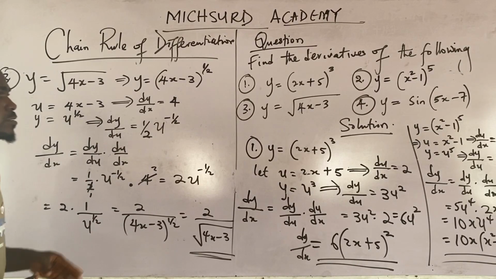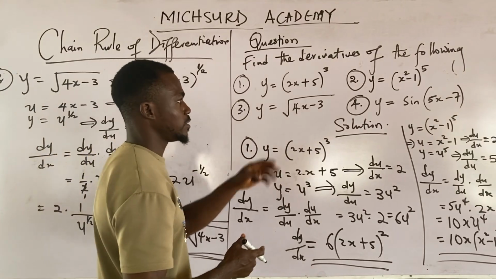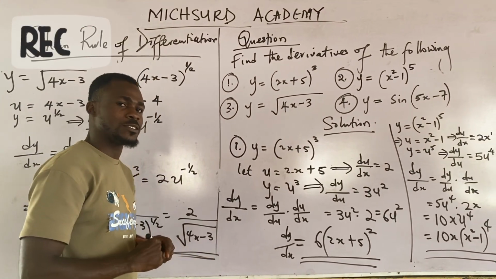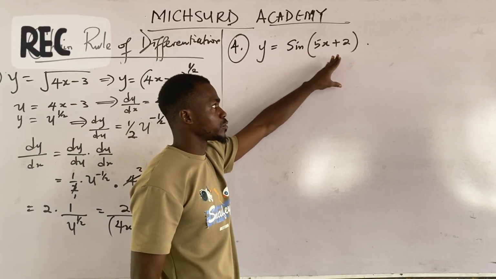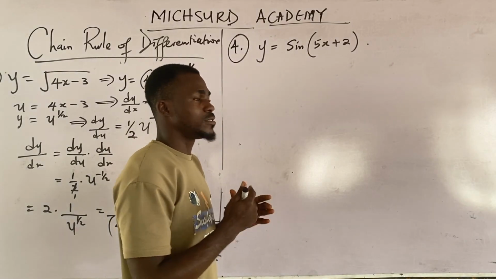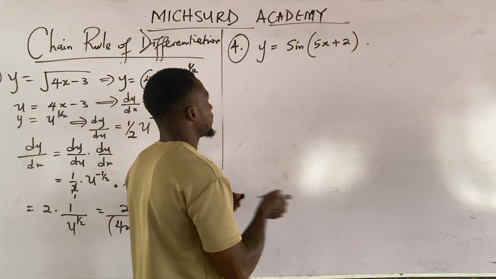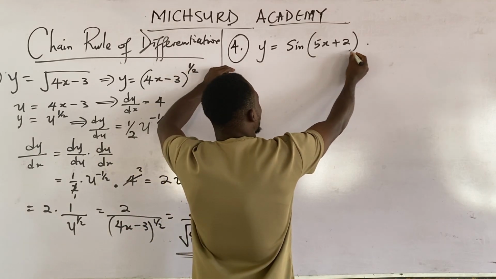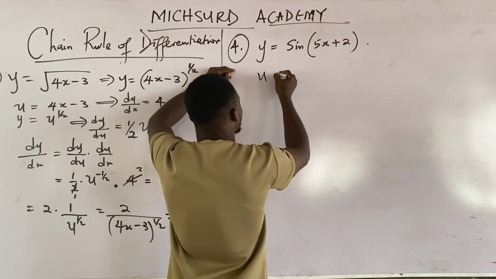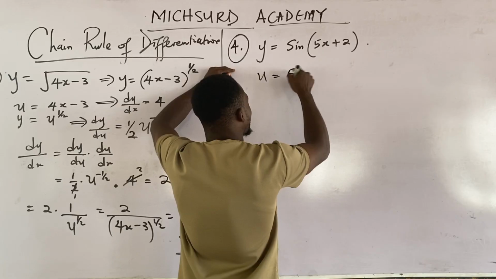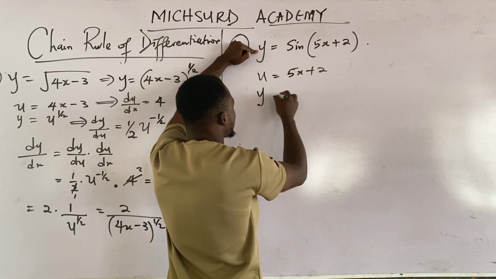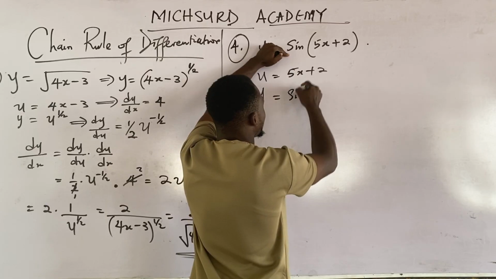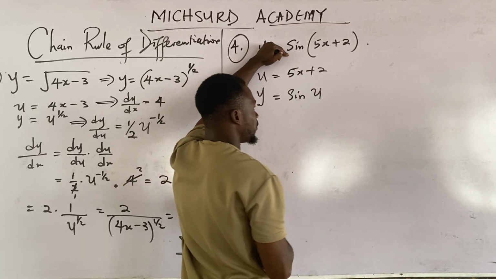So let's look at the fourth one, and see how we can differentiate it. We have y equal to sine of 5x plus 2. So we want to find dy/dx. Here we are going to set everything inside the function to be u, which is 5x plus 2. And we can see that the original function becomes sine u. So we have this.